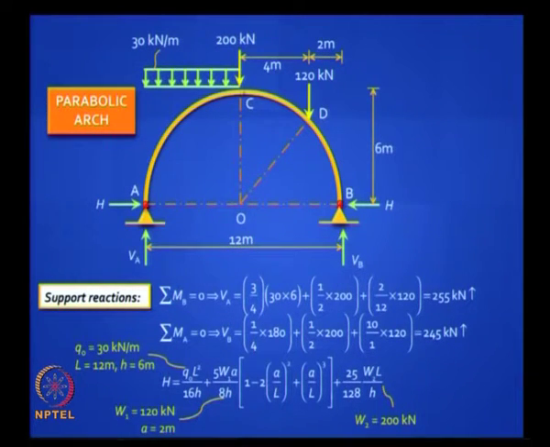Then take the eccentric load first, we have derived this, okay, 5 by 8 into W, I am calling it W1 here. Here A is how much? 2 meters. A is the smaller value, please note, right. Then due to the symmetric concentrated load at the crown, 25 by 128. Can I move ahead?